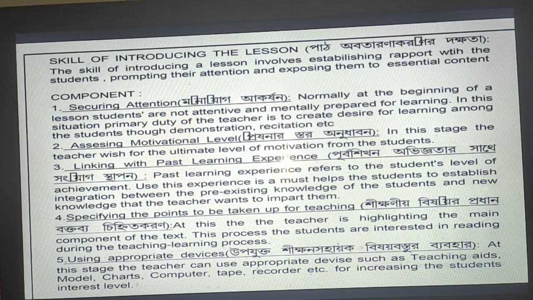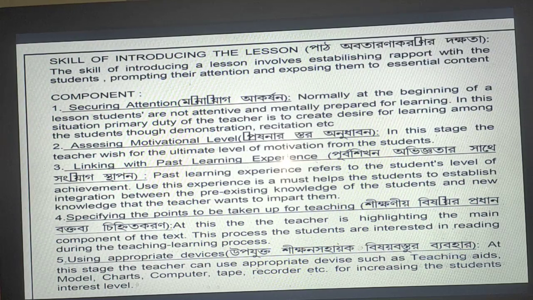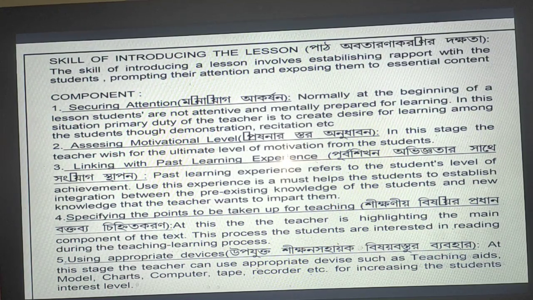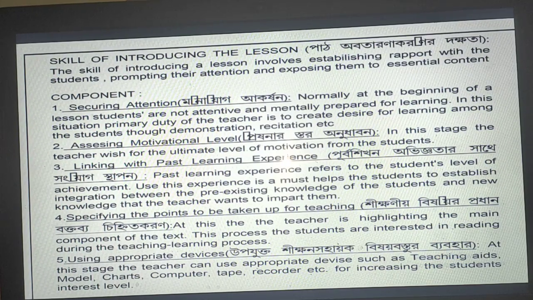Link with past learning experience. When a teacher prepares a lesson, he or she has to take a topic.